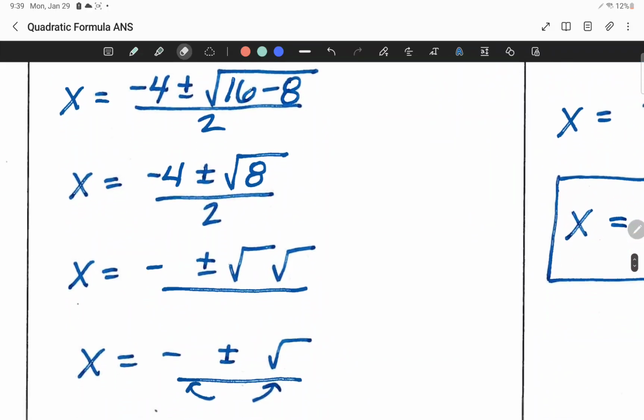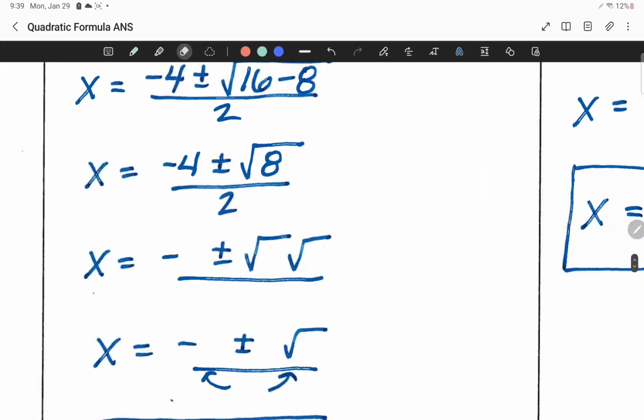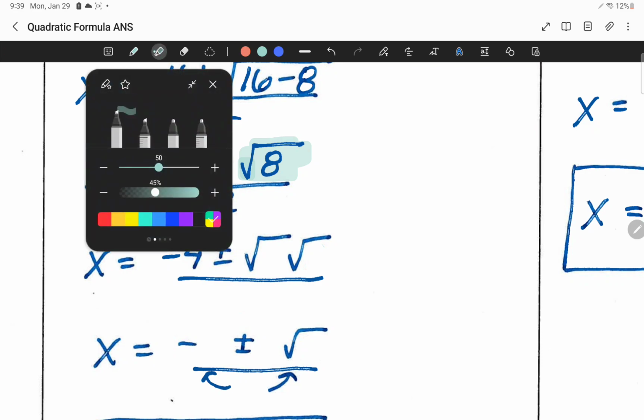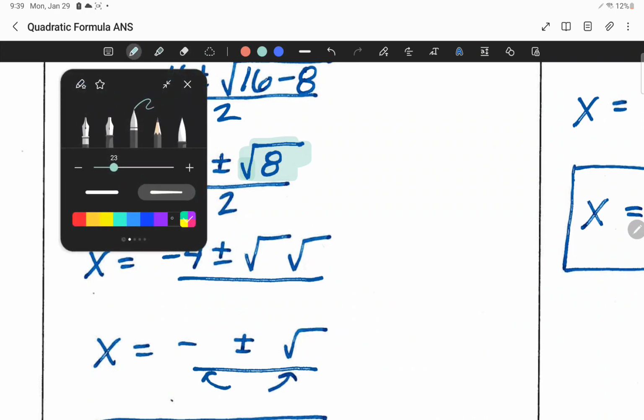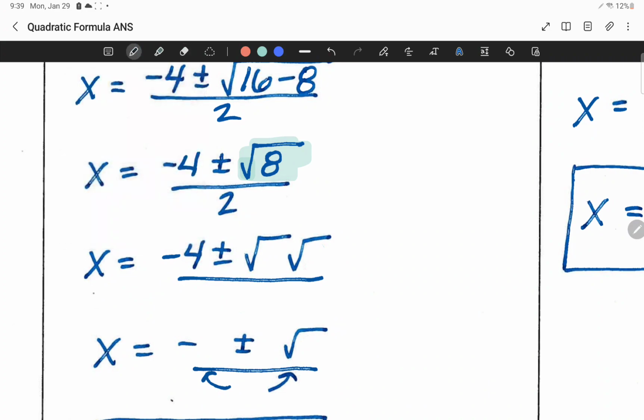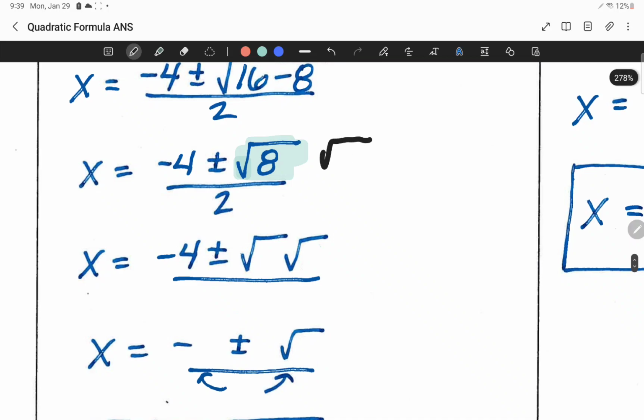Now, let's go all the way to the bottom. We have negative 4. Now, on the inside, we have to simplify my square root. Just like we mentioned before, that square root is going to have to change. And the way that we're going to do this is pretty easy. We're going to separate it into 2 things. Now, if you remember from class, that's not the way that we did it. The way that we did it in class, we would write the square root of 8.